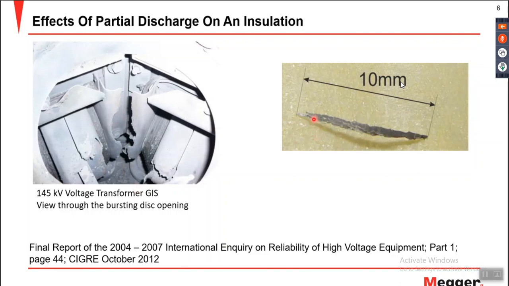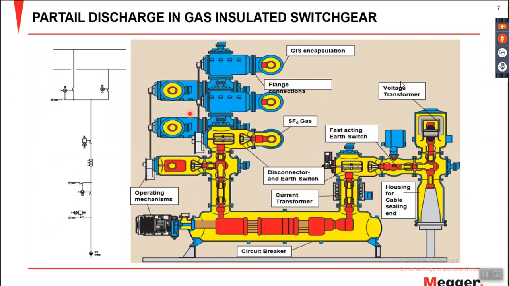For example, just a 10 mm small particle left inside the GIS can create a disaster like this. So it is really vital that we remove any partial discharge happening in GIS, so we can prevent such flashovers and costly outages.